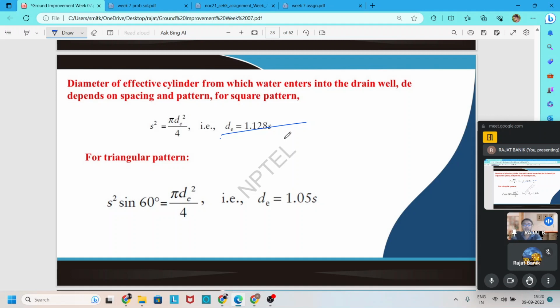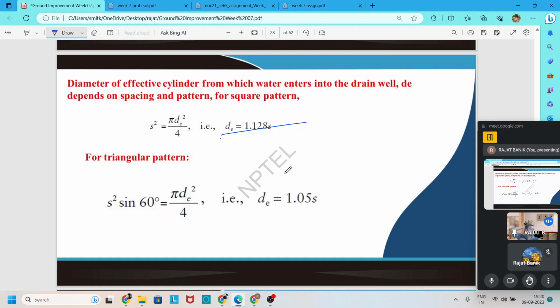And for the triangular pattern, it is 1.05 into spacing.